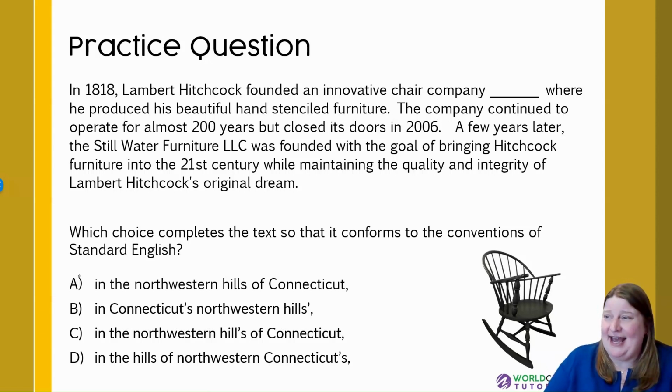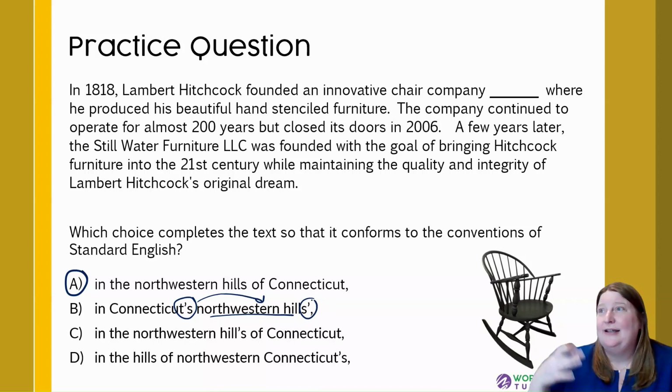If you said A, fantastic job. In B, it is fine to say Connecticut's northwestern hills because Connecticut does possess those northwestern hills. The problem is the hills, there's no word after that except for where, and they're not possessing the where. So the problem was the S apostrophe on hills.